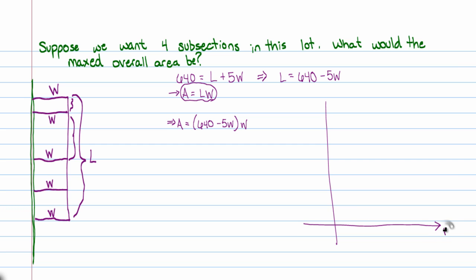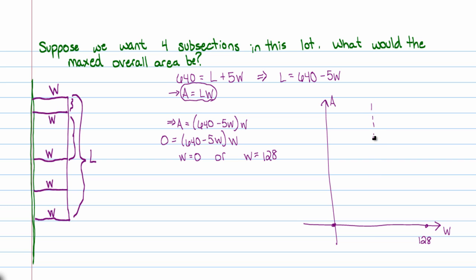So here's the W axis, here's the area axis, and I want to find the horizontal intercepts which occur when A is 0. And I see those occur when W is equal to 0 or when W is equal to 128. And let me just double check that. That's 500 plus another 100 is 600. Yeah, that's right. So that's 128.